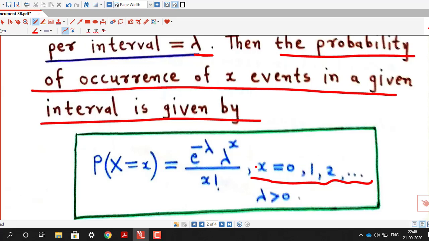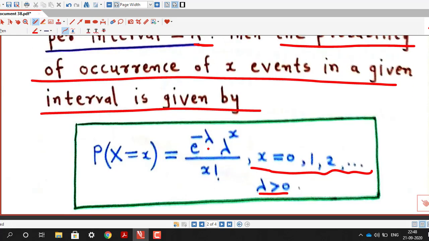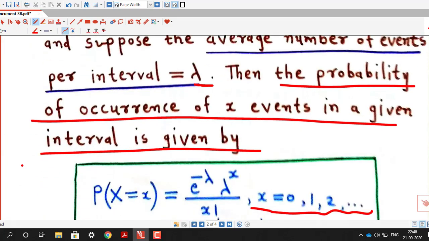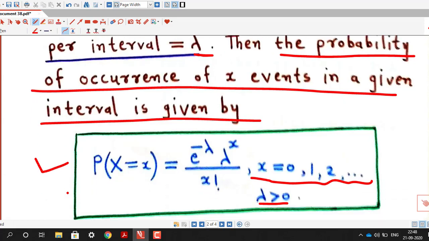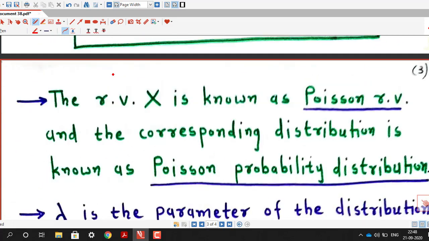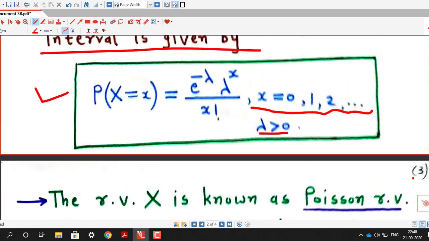There is no upper bound for the values of the random variable, and this lambda is known as the parameter of the distribution. So this random variable X, whose probability mass function is given by this formula, is known as a Poisson random variable, and the distribution corresponding to a Poisson random variable is known as the Poisson probability distribution.